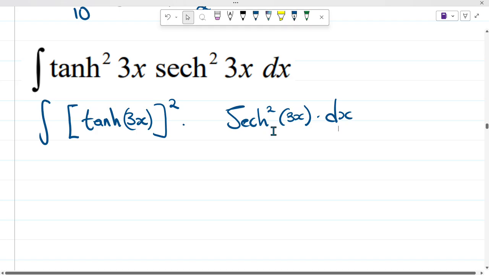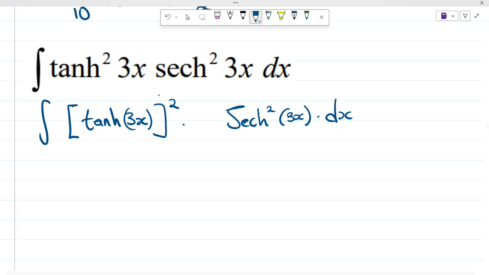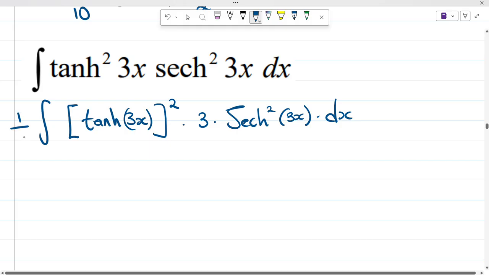But we shouldn't forget that whenever we're differentiating hyperbolic functions, we should also differentiate the arguments. So the derivative of this argument is 3, but we don't have the 3 there. So you need to make sure that you have 3, and then you cancel out that 3 by multiplying by 1 over 3 outside the integral, so that the 3 and the 3 can cancel out.